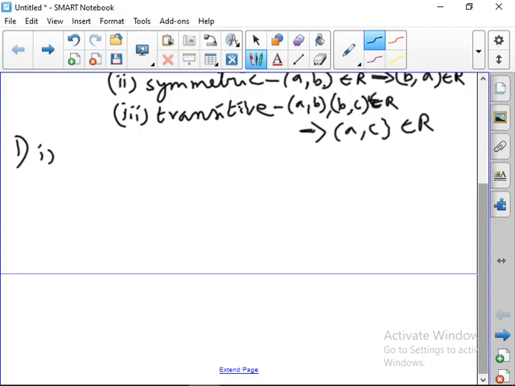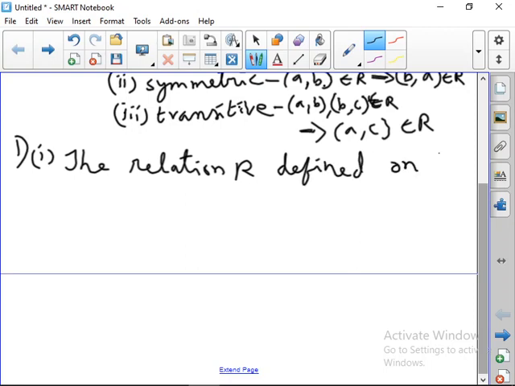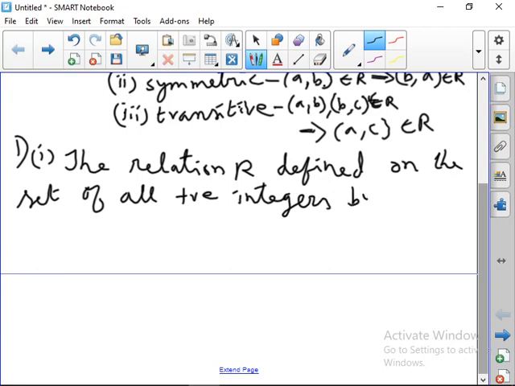First question, first subdivision: the relation R defined on the set of all positive integers by m related to n if m divides n.